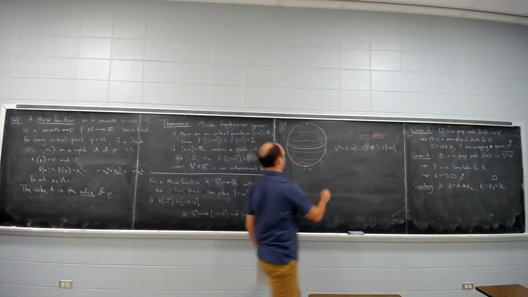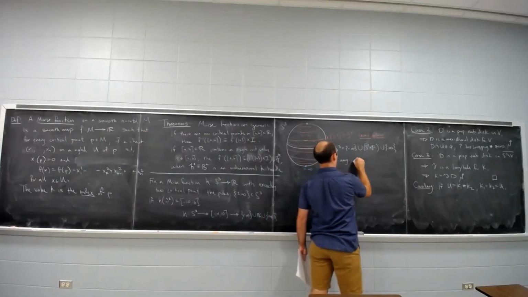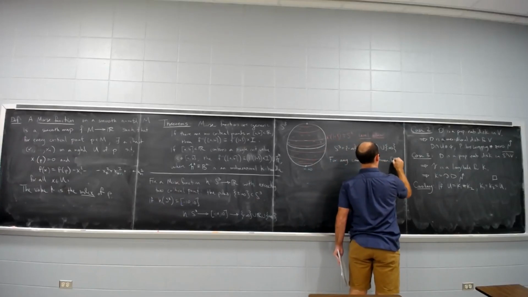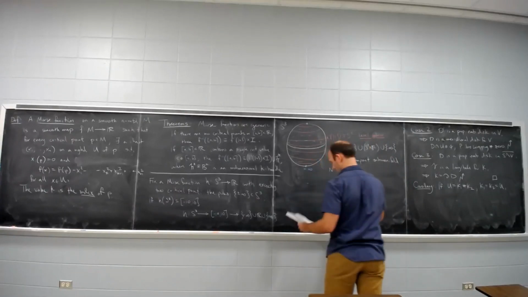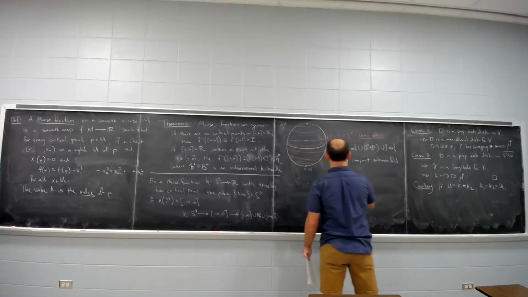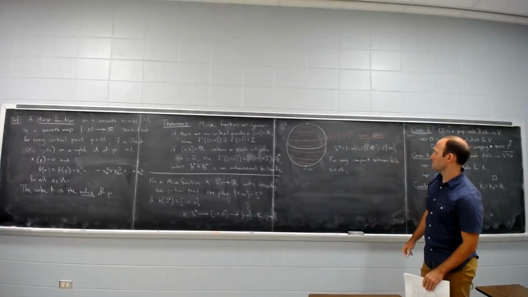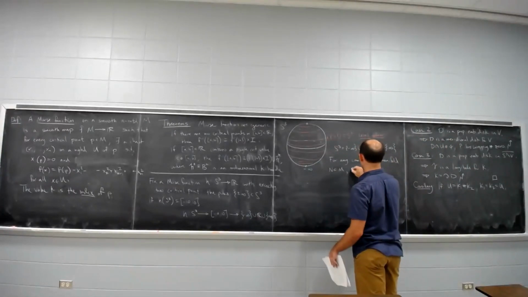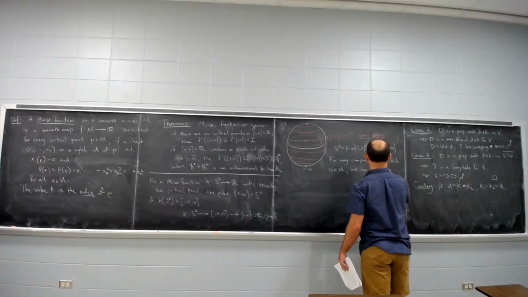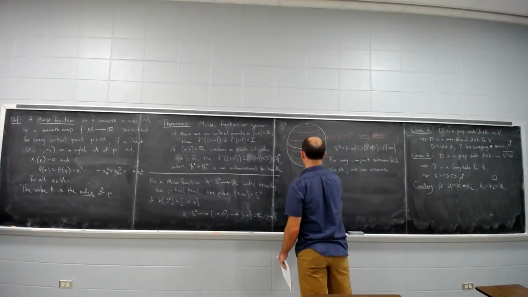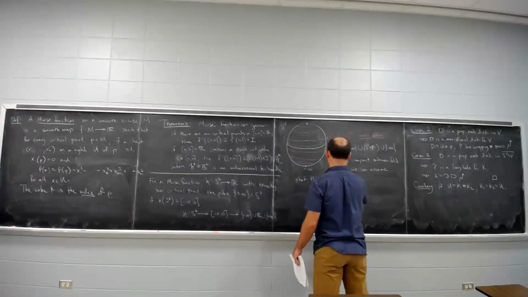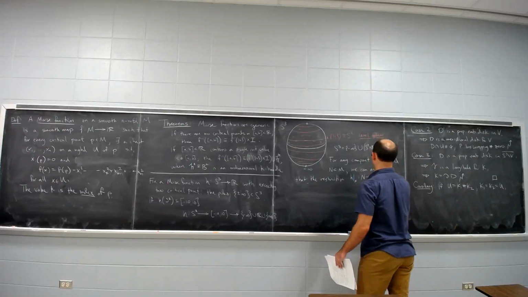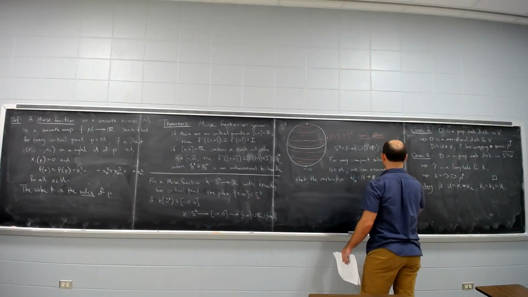So the next fact that I want is that for any compact submanifold, here I go back to M. So if we take a compact submanifold N in M, you can assume that the restriction of H to N from N to R is also Morse.